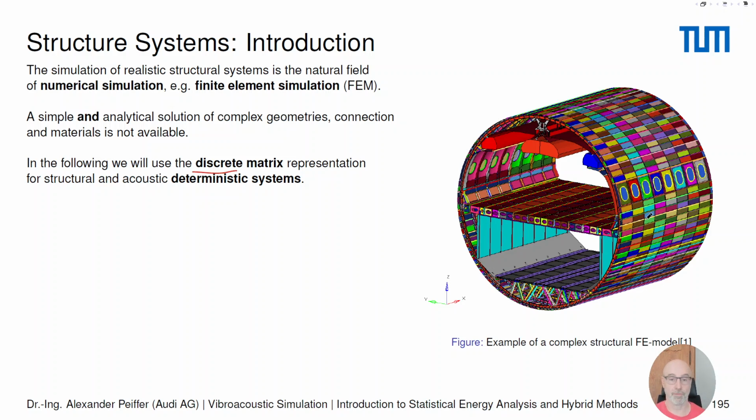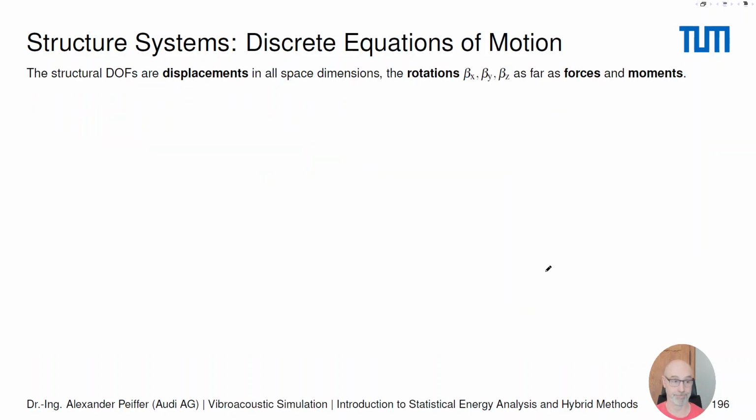And due to the fact that we have this complicated situation in structures, we will in the following describe all our deterministic systems by discrete matrix equations, the structural and also the acoustic ones.